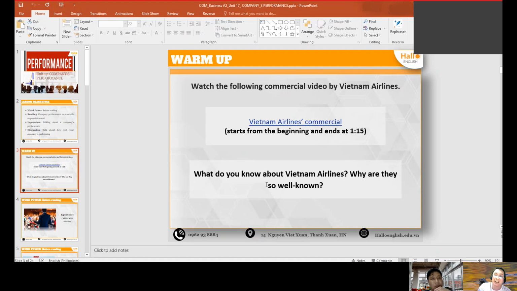And this airline would be the oldest airline in Vietnam. In Vietnam, we have three or four airline brands. Vietnam Airlines is the biggest brand, and the best when it comes to accommodations, right?